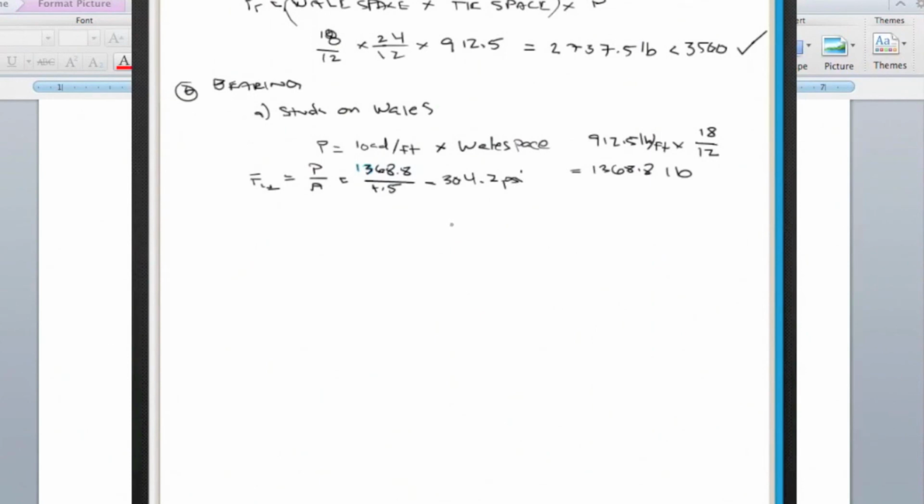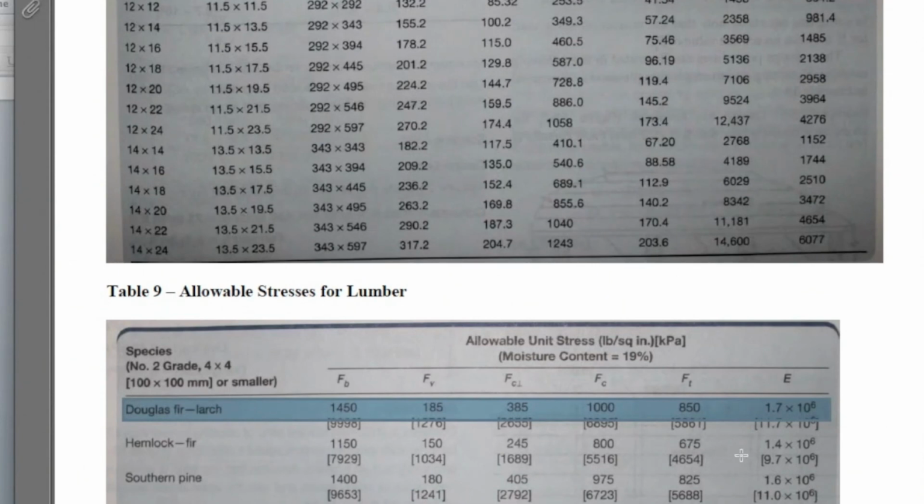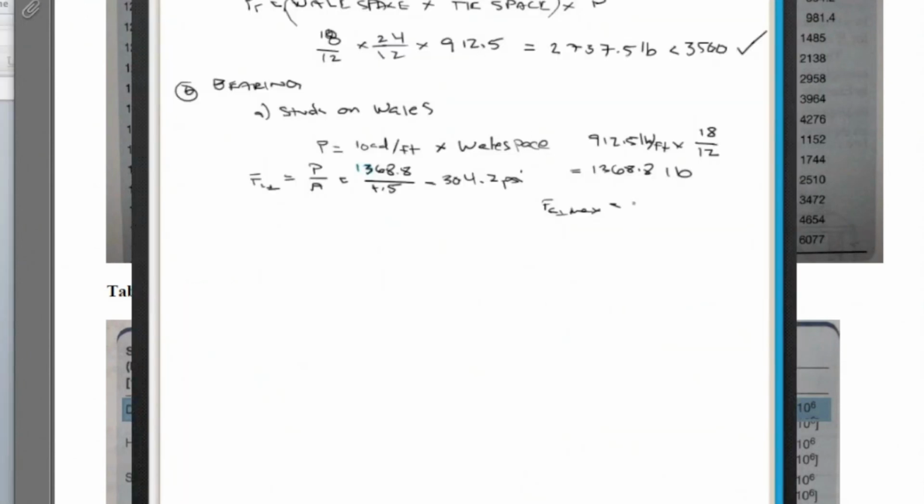And looking at our Fc prime, or Fc perpendicular max, from the chart here, Douglas fir-larch, 385. We're okay. So 304 is less than 385. So we're okay there. So we're not failing bearing on the studs on the wales.